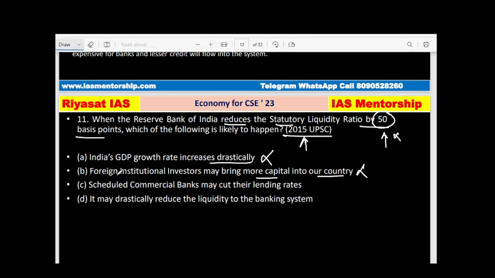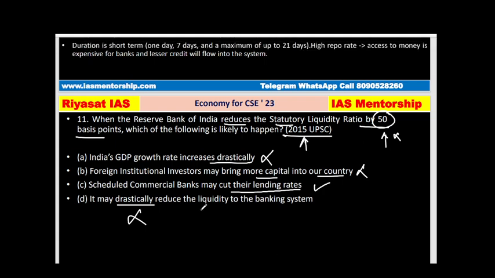No. What is the relation between foreign investors and our statutory liquidity ratio? No. Scheduled commercial banks may cut their lending rates? Absolutely correct statement. When you see words like 'drastically' in a statement, cross it out, okay? So the third option is absolutely correct: when SLR is decreased, banks have more money in hand, so they can give more loans at reduced lending rates.